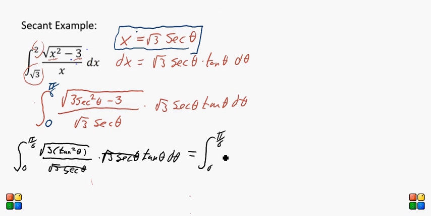And now let's take that square root. Okay, we'll still have a square root of 3, but the square root of tangent squared is tangent, times, I guess I'll have a 1 in the denominator, but times tangent theta d theta. This whole thing becomes the integral of tangent squared times the square root of 3.